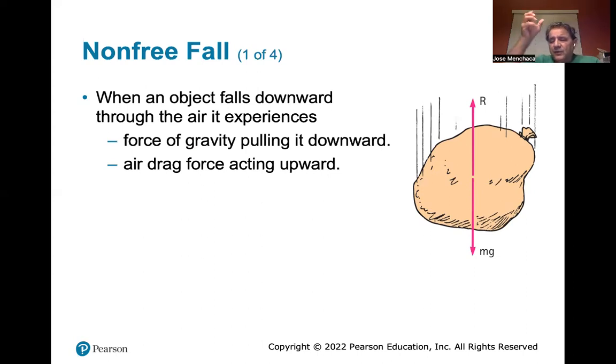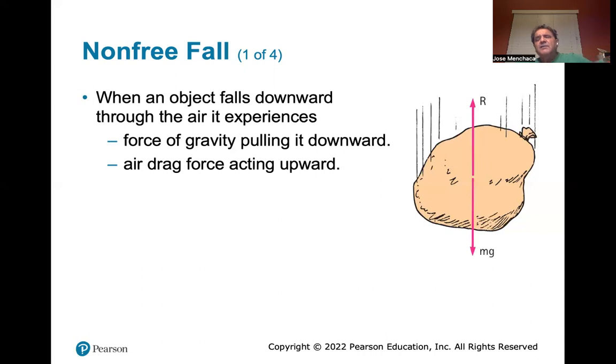When you first drop an object out of the sky, like a skydiver jumping out of a plane, he's going to increase his speed until he reaches what is called terminal velocity, where his downward gravitational force is equal to his resistance force. Now, part of the resistance is your surface area. So you can see the skydivers, they're spread eagle. They've got their arms and their legs spread out, and they've reached a certain terminal velocity.